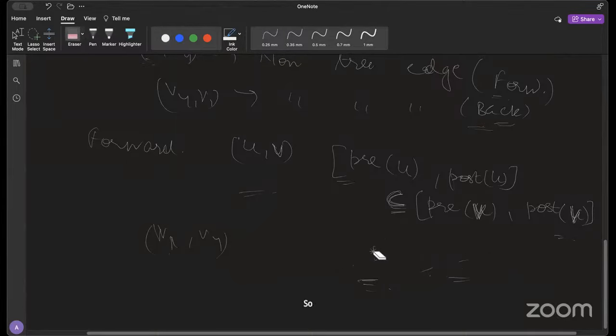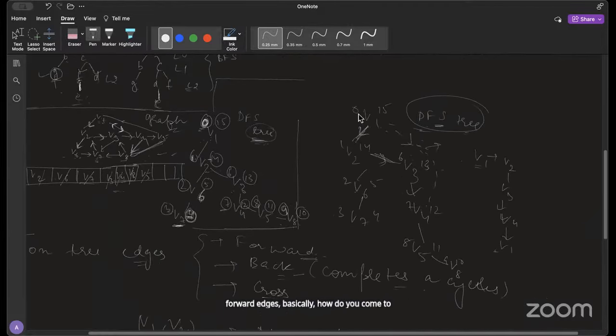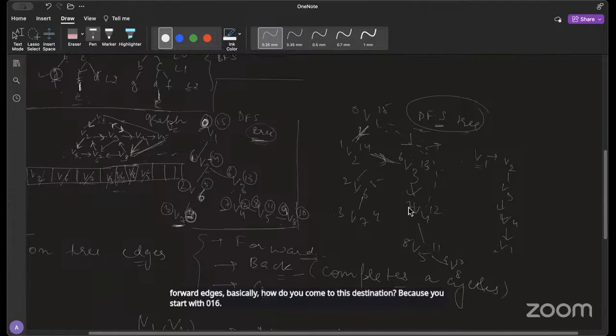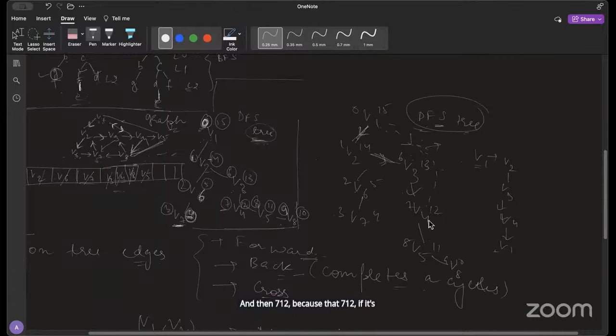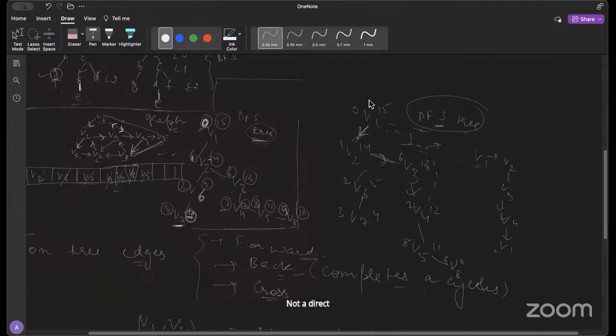So if you have this edge, a forward edge is basically how you come to this definition. You start with 0 to 15 and then 7 to 12, because 7 to 12 is contained in 0 to 15, that means you visited this vertex later, after V1, right? That means V1 is an ancestor of V4, not a direct parent.